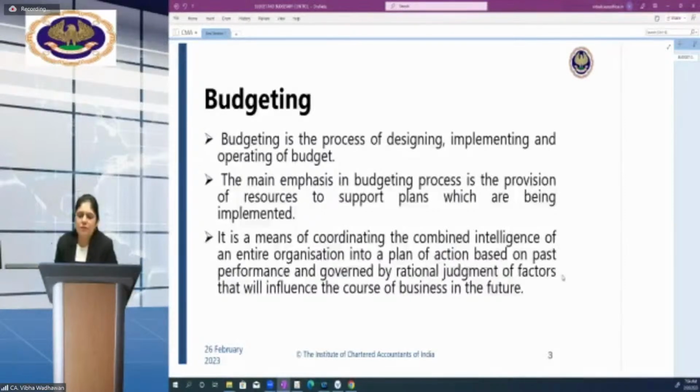The main emphasis in the budgeting process is the provision of resources to support plans which are being implemented. That's actually the most important objective of a budget. We have planned how much production we want to do in the next year. So on the basis of that production, we need to plan the capital and the resources required for that particular production.